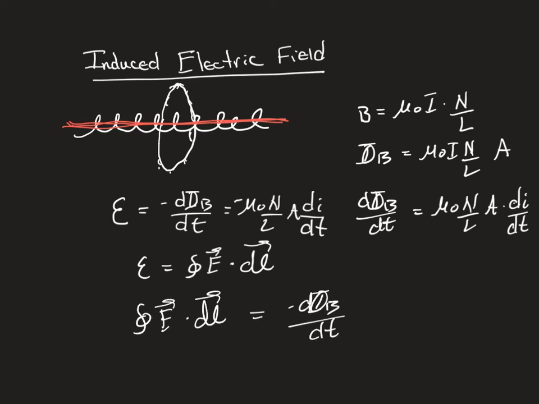Now, what is odd about this situation is that when we applied Kirchhoff's law earlier in the semester, we essentially stated around the path that the EMF had to equal 0. So as we went from one point back around to the start of the path, the EMF had to go to 0. And that should make sense because we have to remember that the change in potential is equal to work per unit charge.